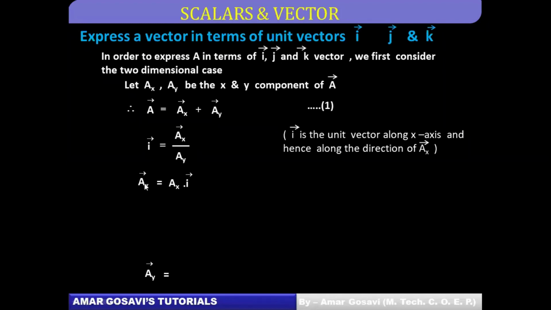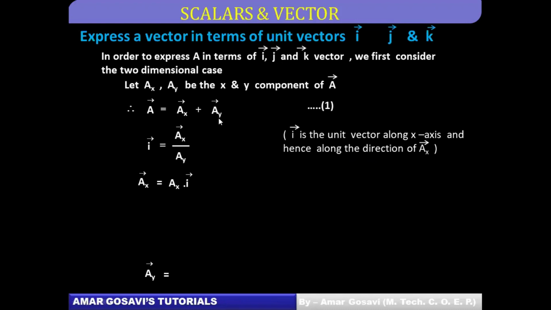Now instead of ax bar here in equation 1, I can substitute ax i cap, because if I remove the bar, then i cap, which is the unit vector along the x-axis, would denote the direction along the x-axis.